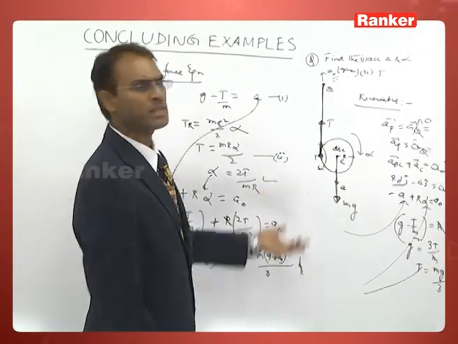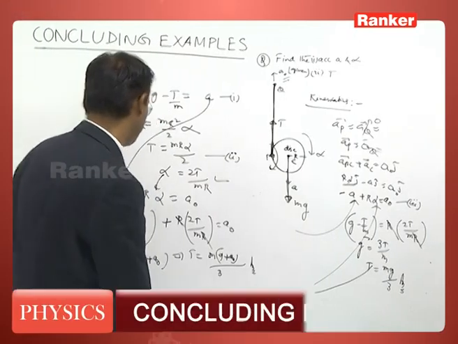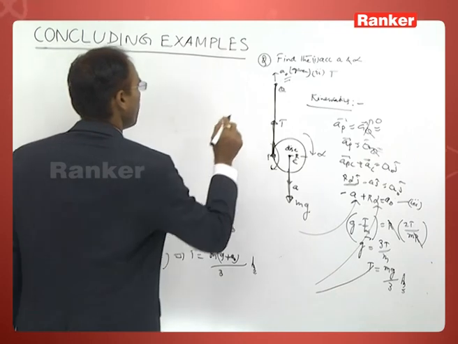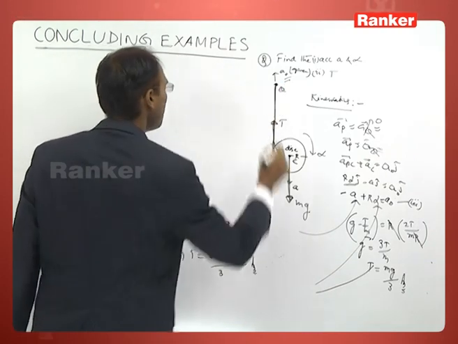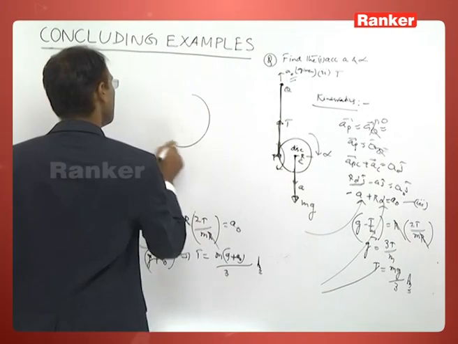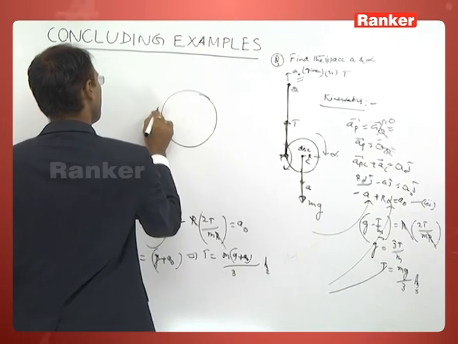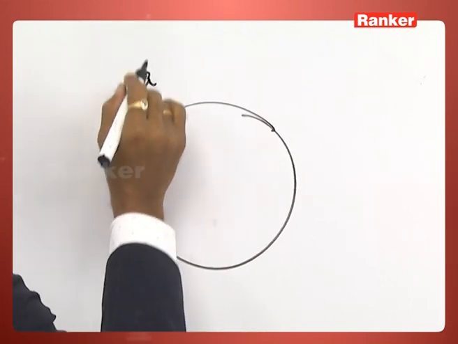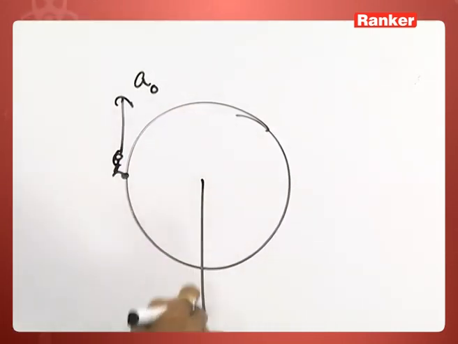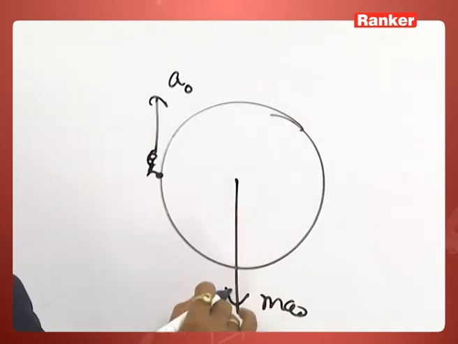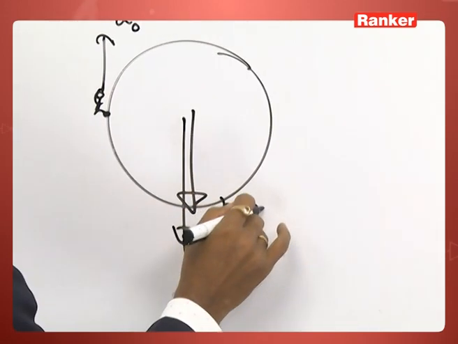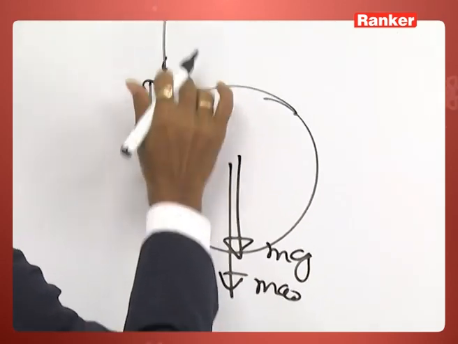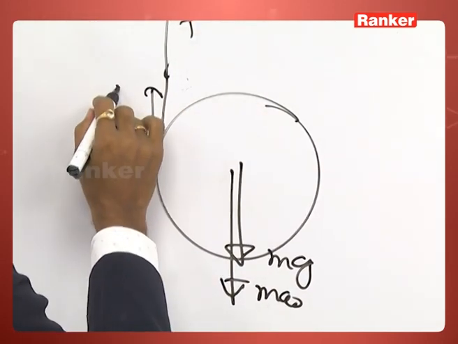There is of course another method called the pseudo force method. You can use the pseudo force method by sitting here. When you are accelerating the frame up with a naught, you have to impose a pseudo force in addition to the real forces mg and tension.